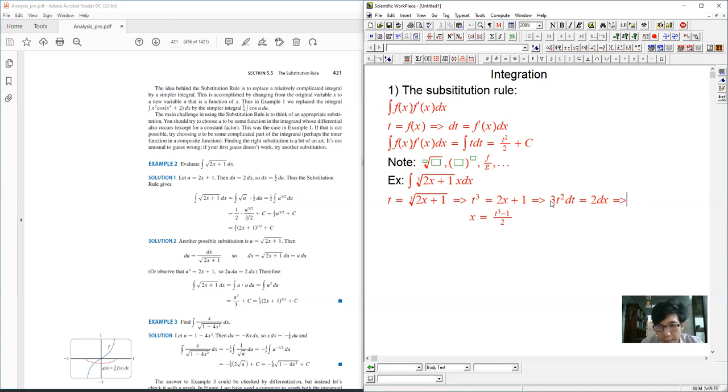So we could get 2 over 2 t squared dt equal to ds, and we will rewrite this integration like this.